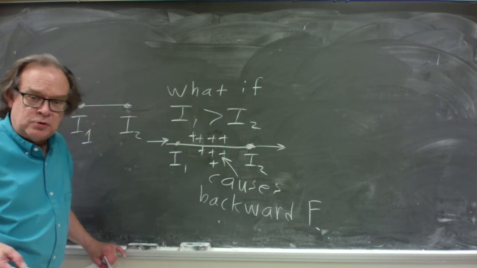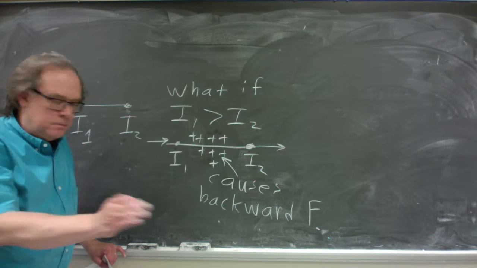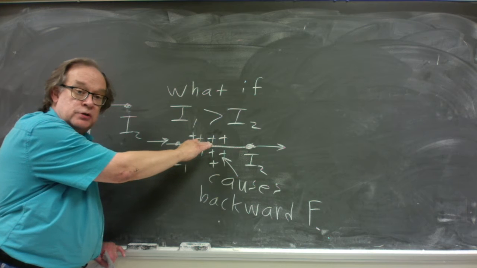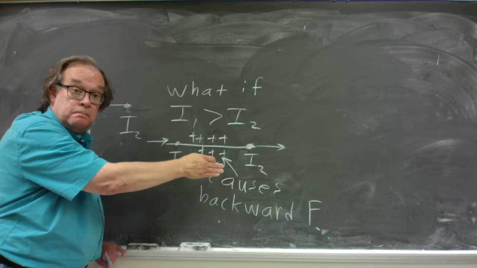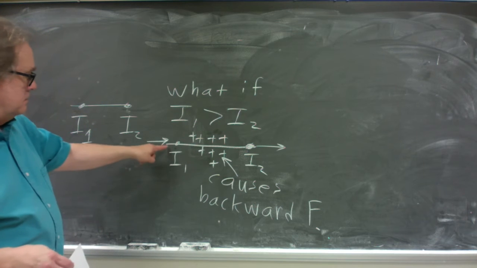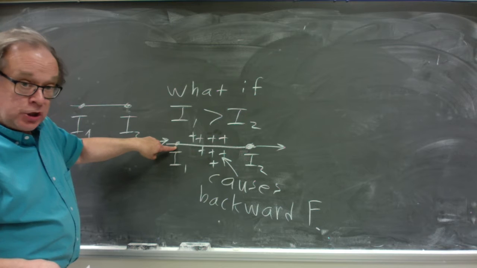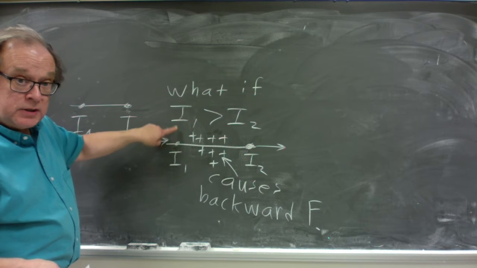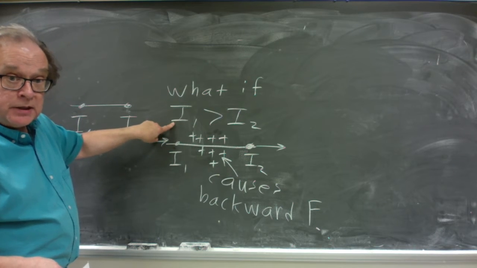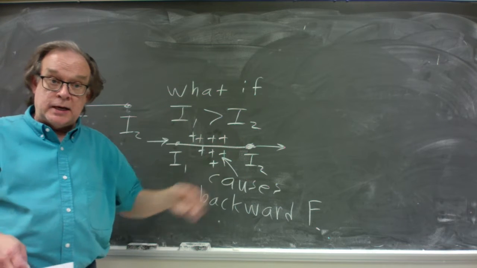That charge piling up causes a backward force, which causes the new charge coming into that region to come in more slowly. But with a backward force, all this is going to slow down. And so the rate at which charge comes in here gets smaller and smaller until at one point I1 is now equal to I2.